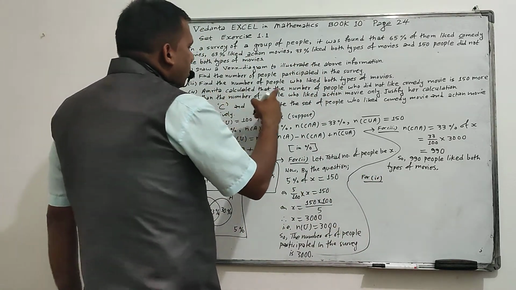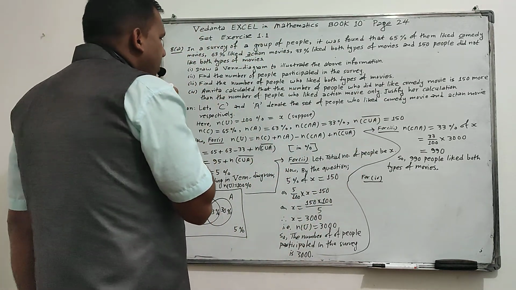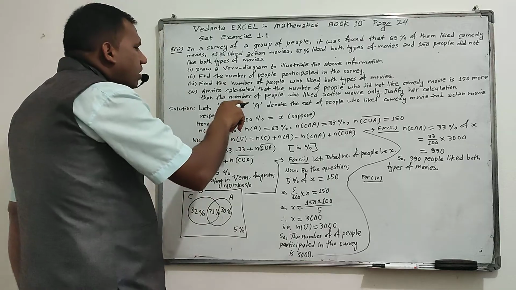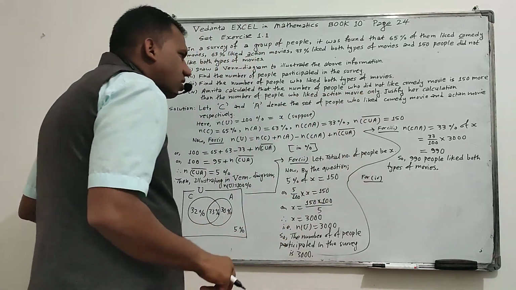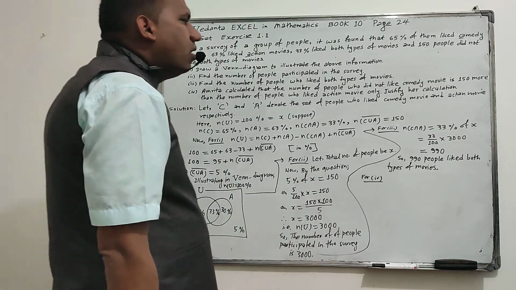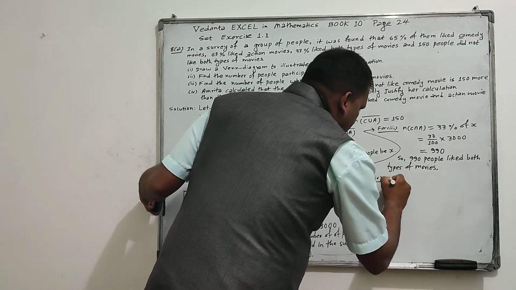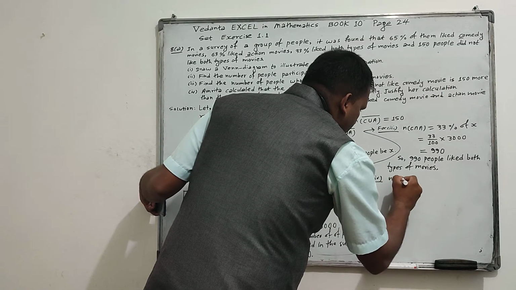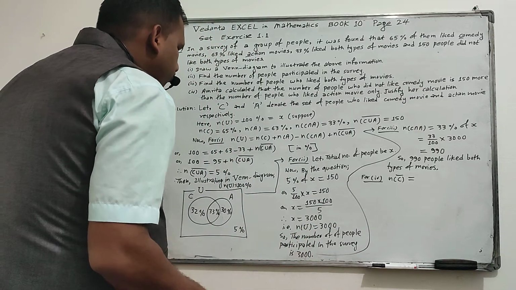Then for number 4, Amrita calculated that the number of people who did not like comedy movie is 150 more than the number of people who like action movie only. Justify your answer. Who did not like comedy movie, that is n(C complement).